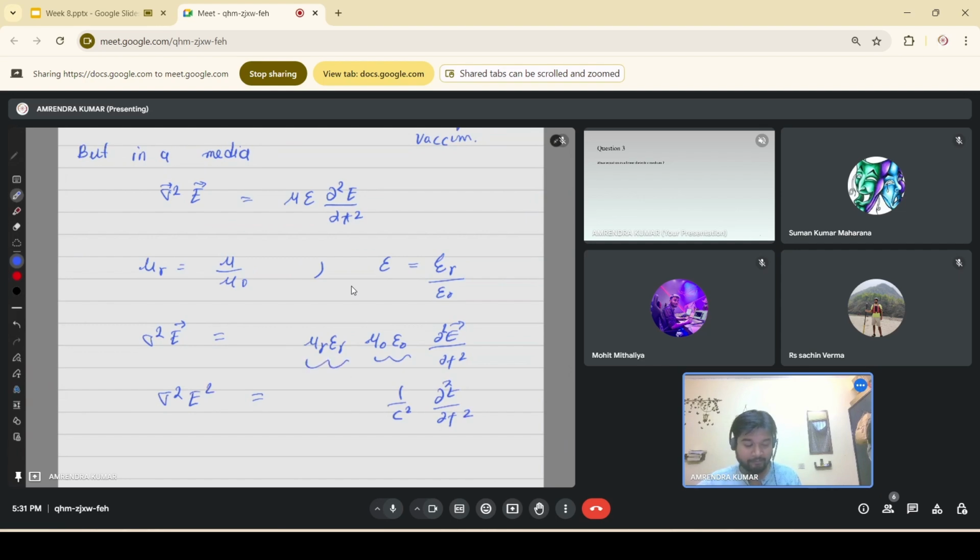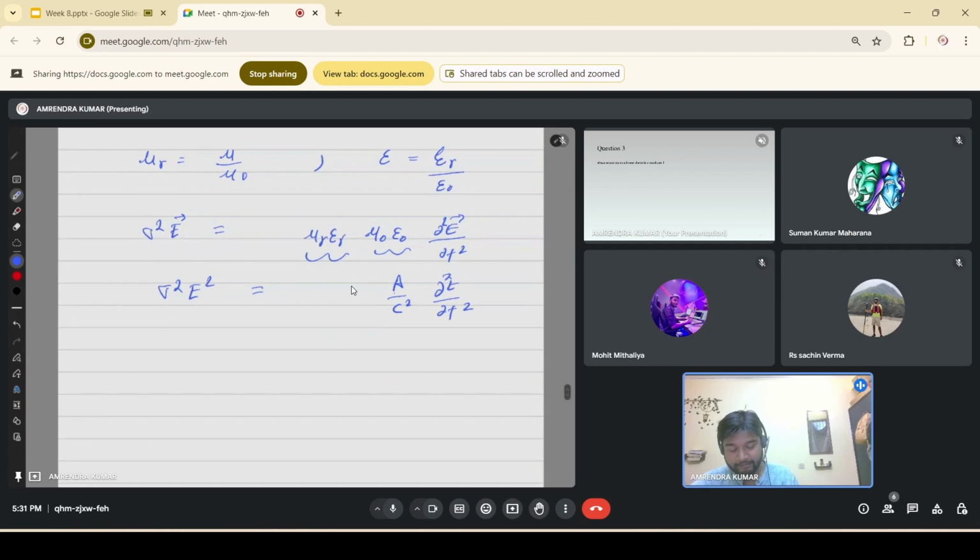And what is this? This is some quantity. Let's say it's some K, not K, let's say it's A. And we know that in the medium the refractive index is defined as n is equal to c by v.